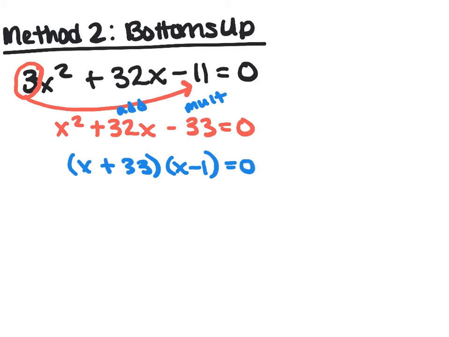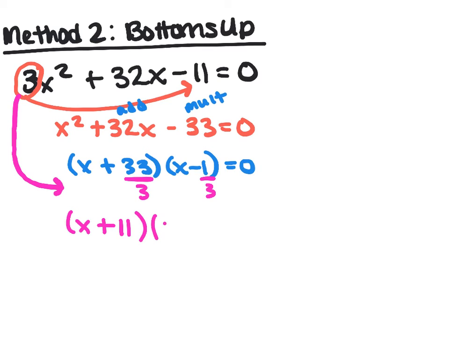Now the important thing with bottoms up is once we get to this step, we're not done, because now we have to re-involve the 3. So if I divide both of these by 3, I can simplify the 33 over 3 to become x plus 11, and the other term is x minus 1/3 as it simplifies, so it stays as a fraction.